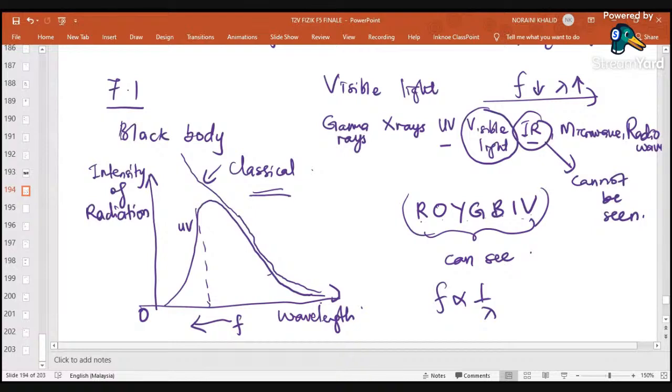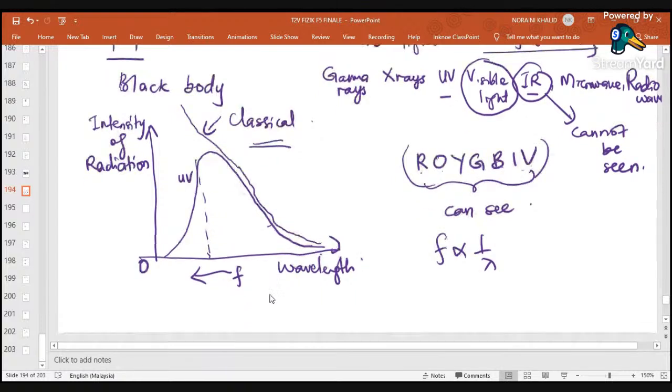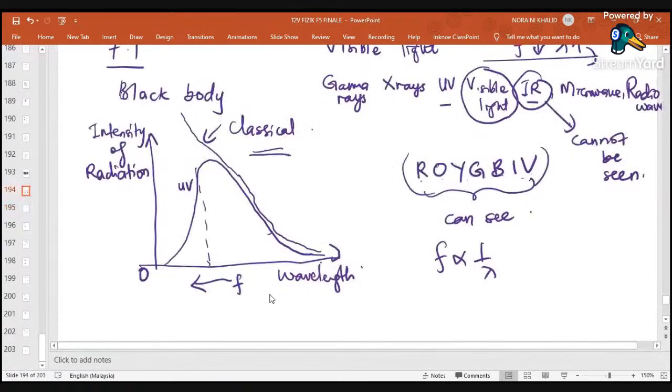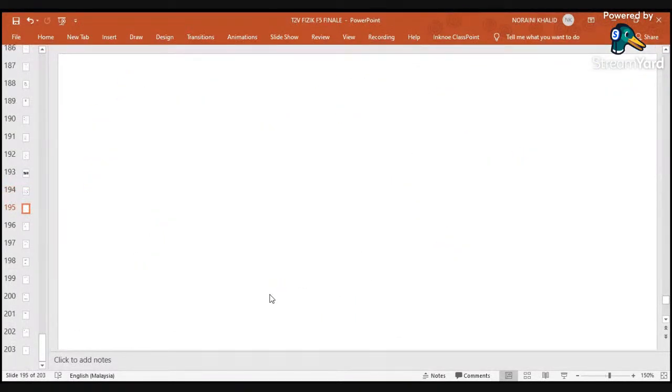Okay, you can read more about the history of the scientists involved in classical theory and quantum theory. You must understand the basics of quantum theory.